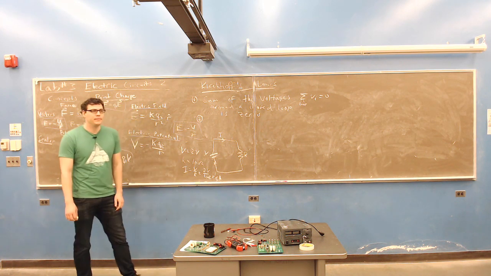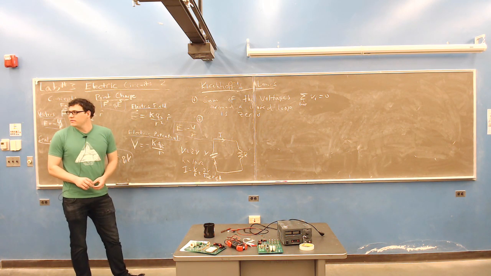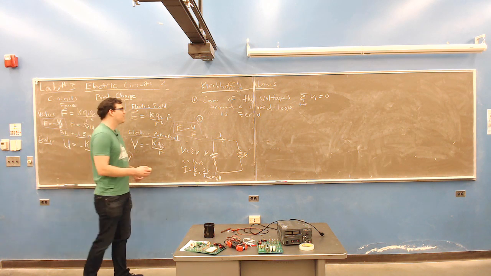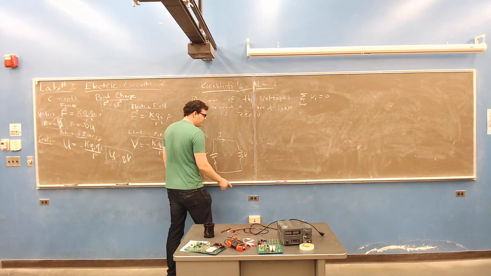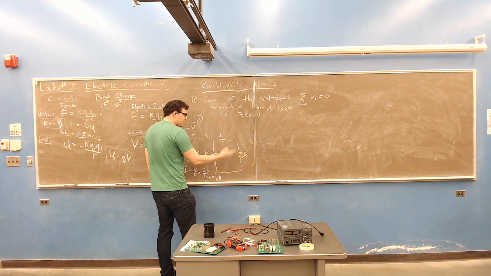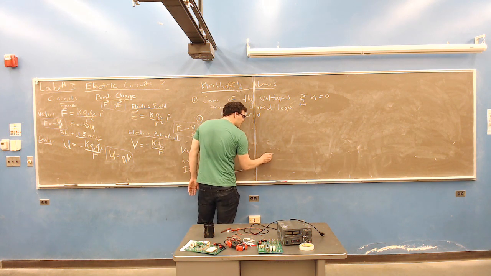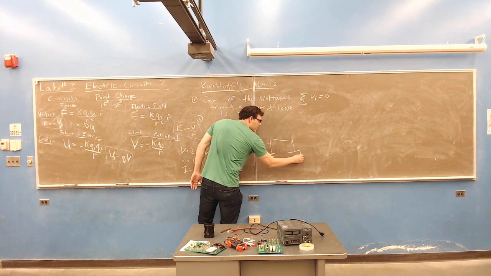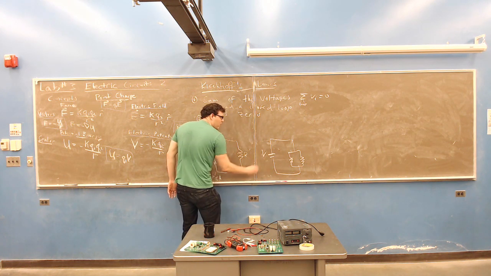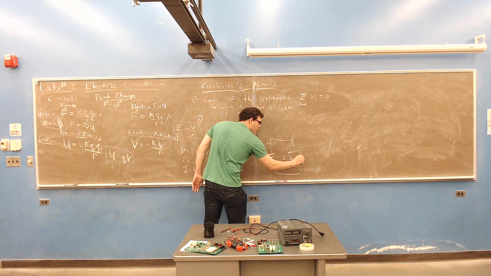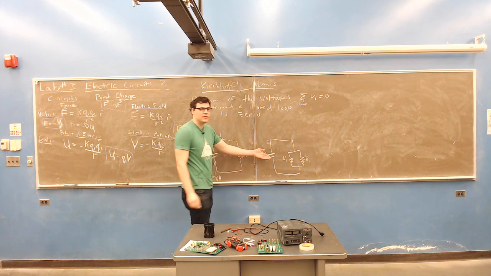Good question. Are you ready for the second Kirchhoff's law? All right, I'm going to draw a little picture here. So this was a very simple circuit. I'm going to draw another circuit that has something a little bit different about it. What kind of circuit is this?